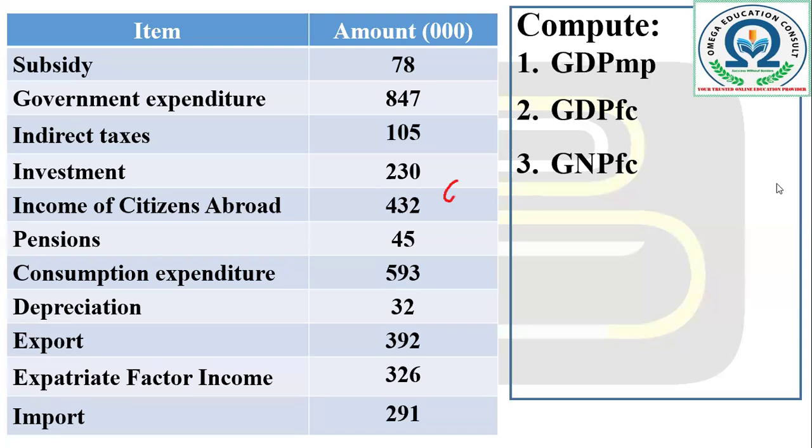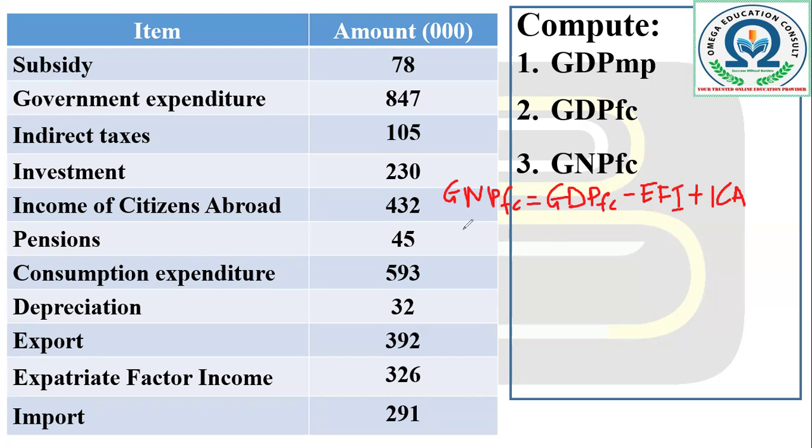So GNP FC is going to be the previous GDP FC. So we'll pick the GDP FC. Okay. And then we subtract the income or expenditure of foreigners, which we consider to be the expatriate factor income. And then we add the income of citizens abroad.